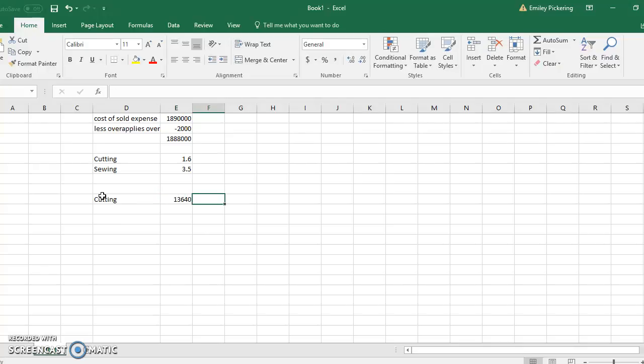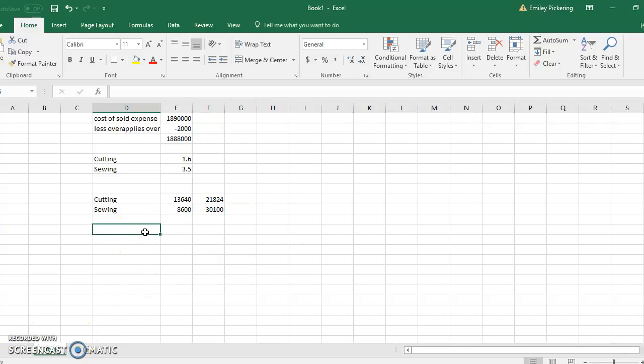I multiply my machine hours times my overhead rate and get 21,824. For sewing, I take my total direct labor hours, which is 8,600, and multiply that by my overhead rate, and I've got 30,100 here.